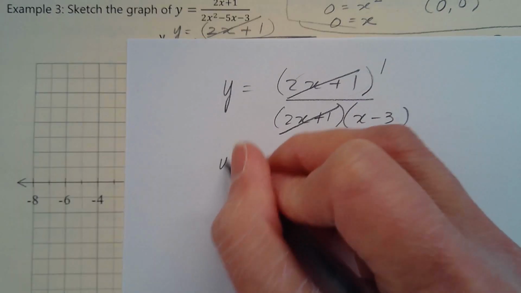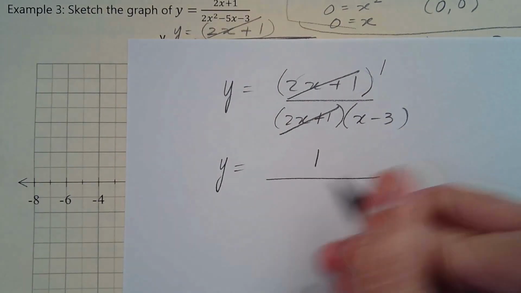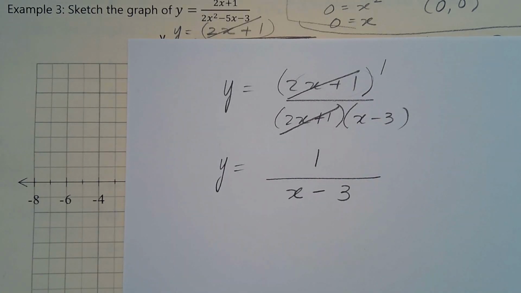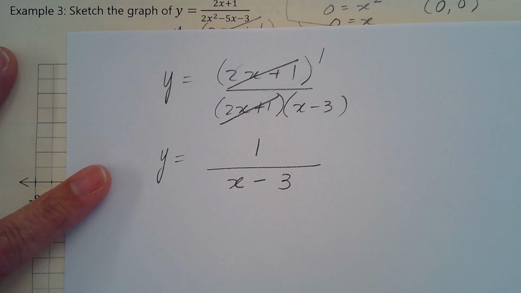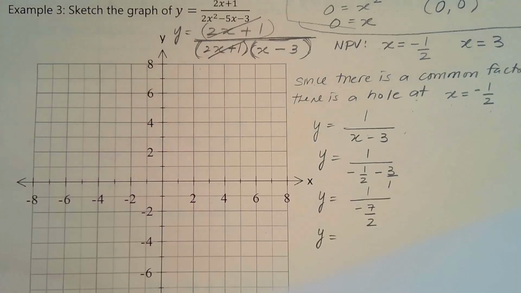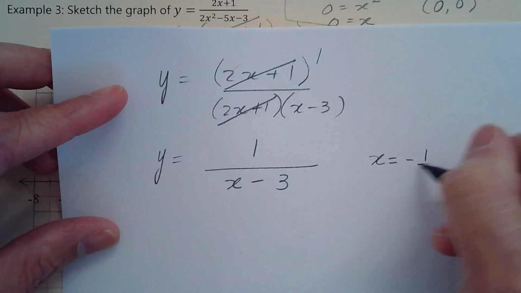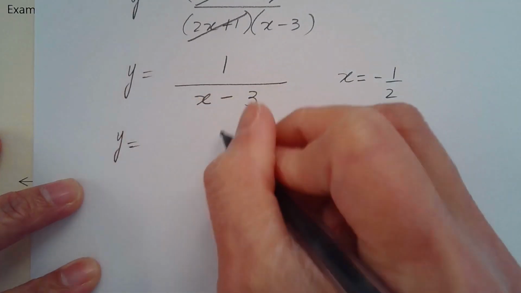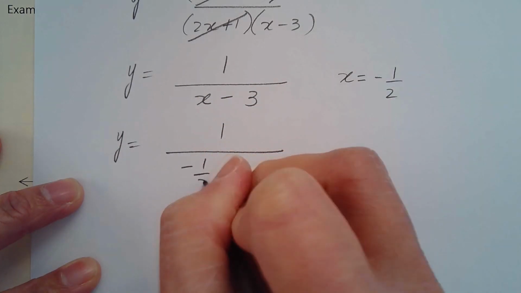So it becomes y equals 1 over x minus 3. Yes? Okay. Now we know that x is -1/2, right? So y equals 1 over -1/2 minus 3.